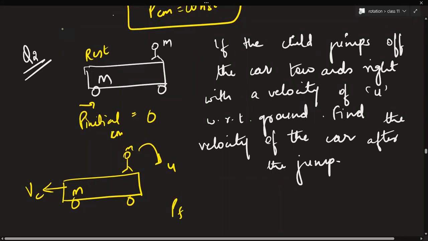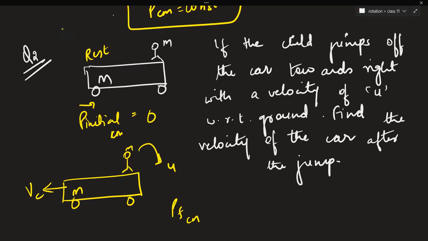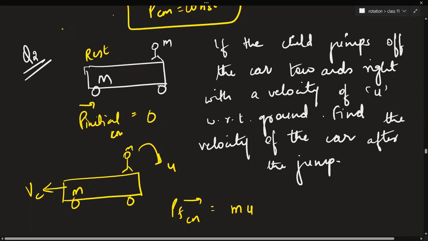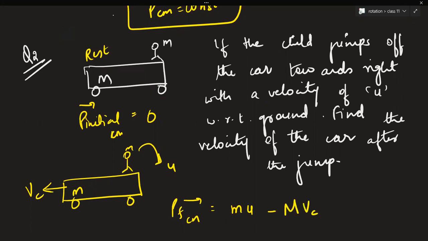Now final momentum of center of mass will be what? See, mu, and since the car's velocity is in the opposite direction, minus M vc. Mass into velocity of the child, minus mass into velocity of the car.